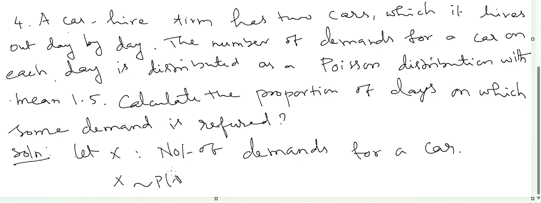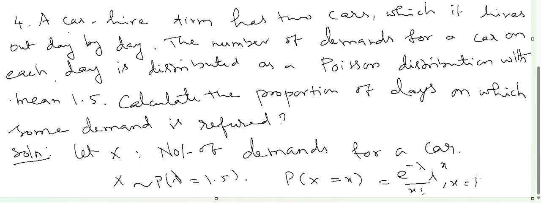It is also given directly as 1.5. P of X equal to x is nothing but e power minus lambda, lambda power x by x factorial, x equal to 0, 1, 2, 3, etc.